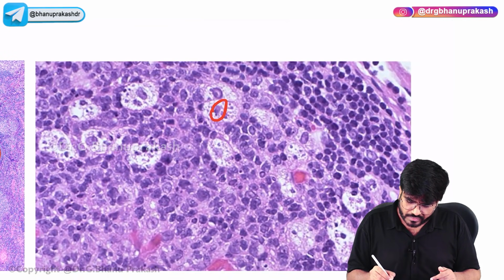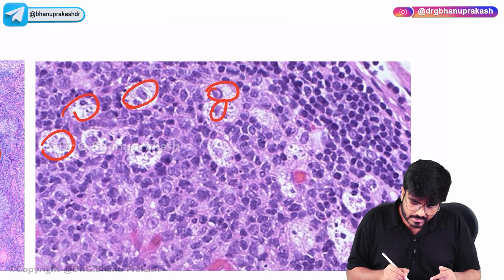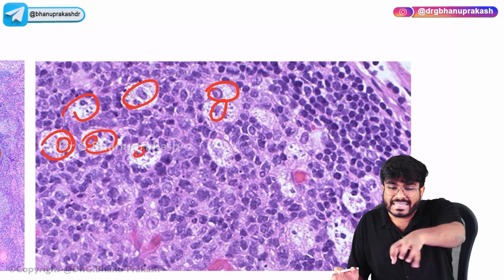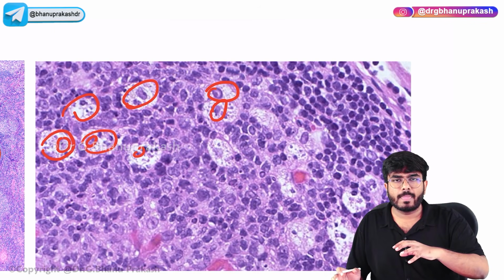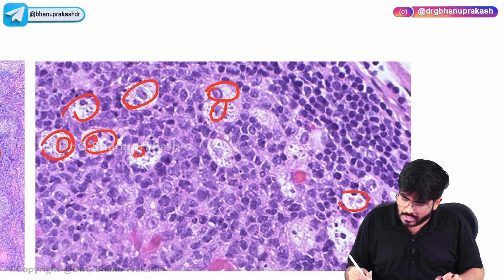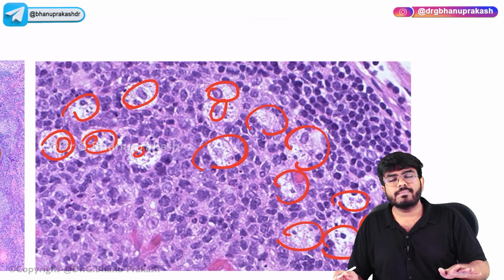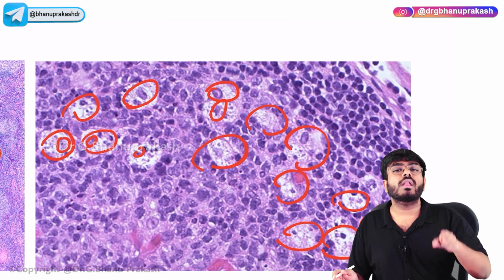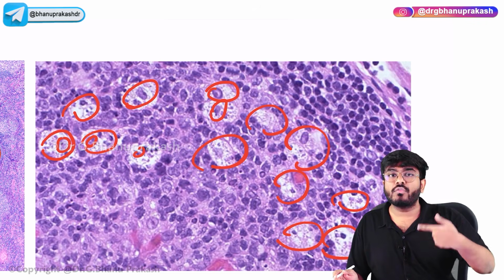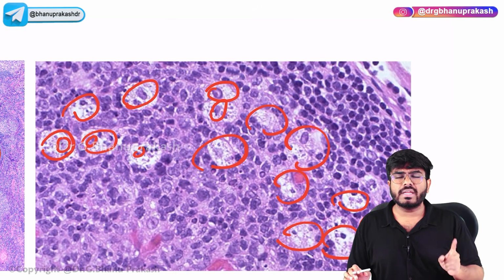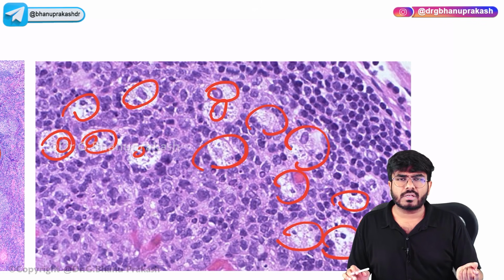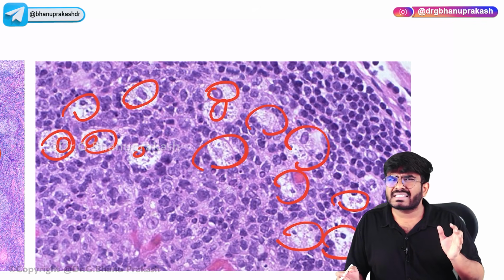You can see the macrophage in these cleared areas, and it keeps eating the debris, which is nothing but apoptotic cells. So these tingible body macrophages are seen in reactive follicular hyperplasia.